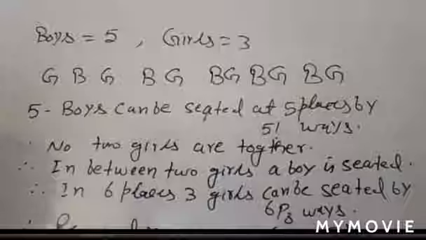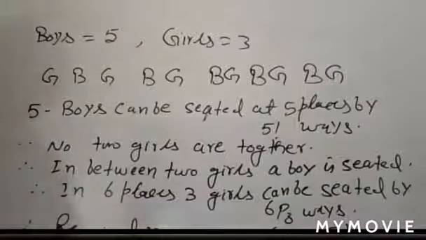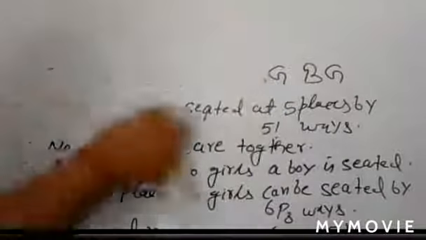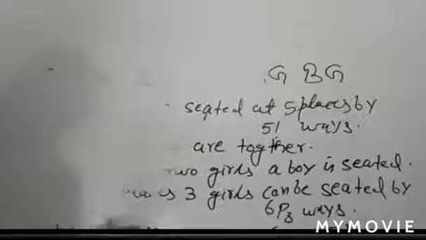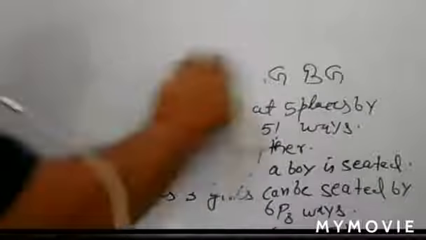Next question. In how many ways can 9 examination papers be arranged so that the best and the worst papers are not together?